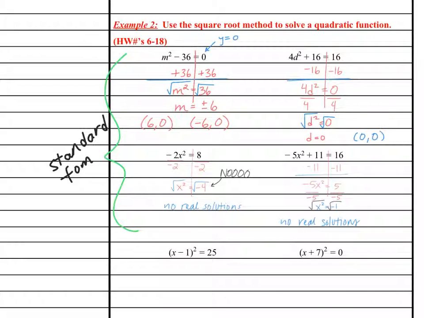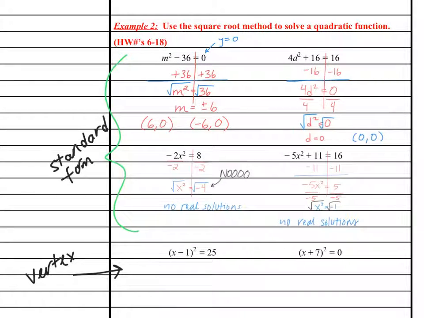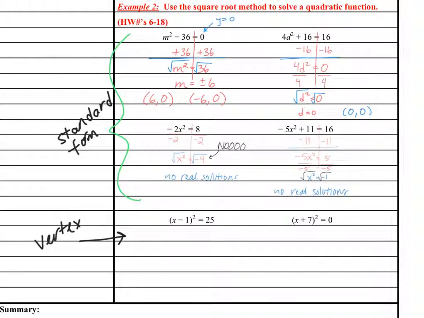These bottom 2 are in vertex form, which is why they're different. If you don't remember the difference between standard form and vertex form, look over on the whiteboard over by Serenity. It's written up there.